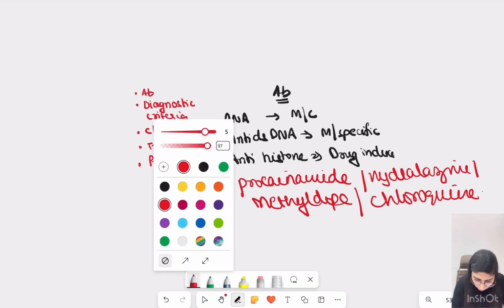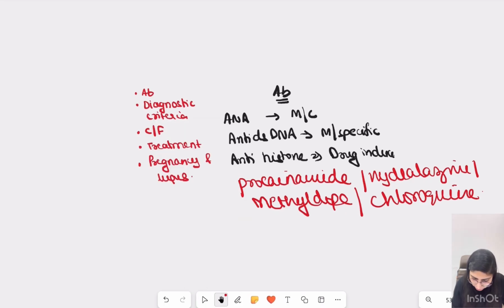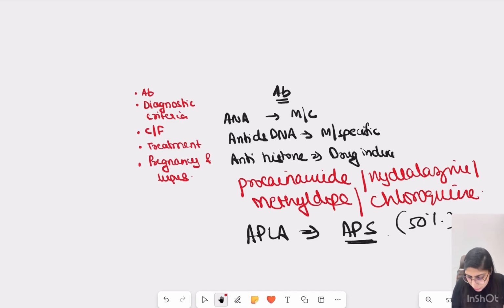Now, if we talk about the other antibodies, for example, APLA. APLA antibodies lead to APLA syndrome, or now we call it antiphospholipid syndrome. Around 40 to 50% of patients with SLE have these antibodies too. They may or may not fit the diagnostic criteria of antiphospholipid syndrome, but the antibodies are there. Secondly, CNS lupus also becomes important.